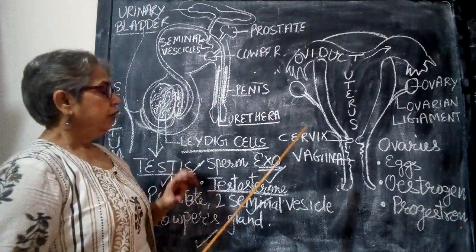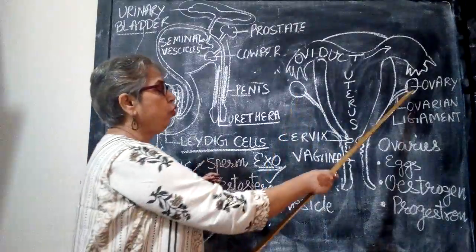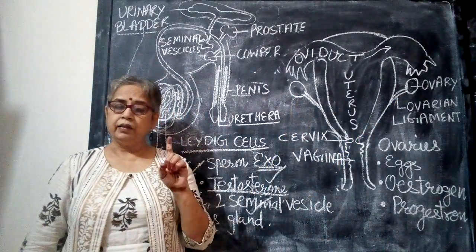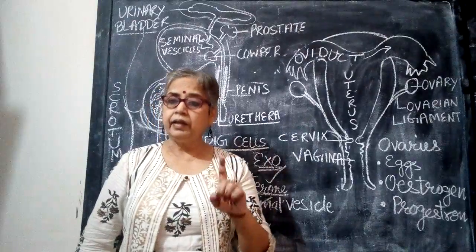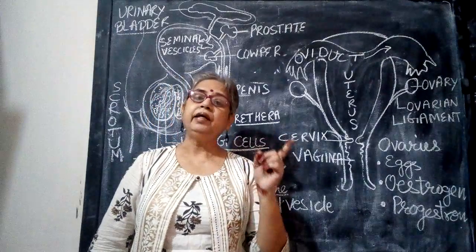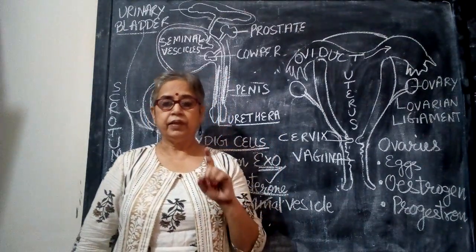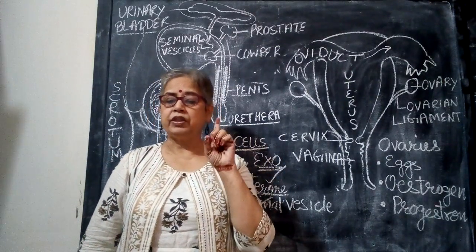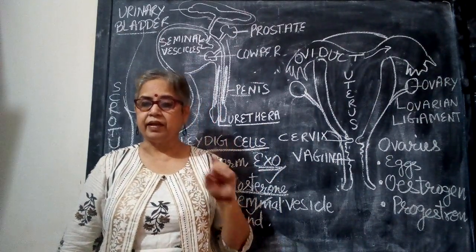Now, there are two ovaries, students, but once in a month an egg is released from any one of the ovaries, right? Generally, it is only one egg which is released in one cycle.